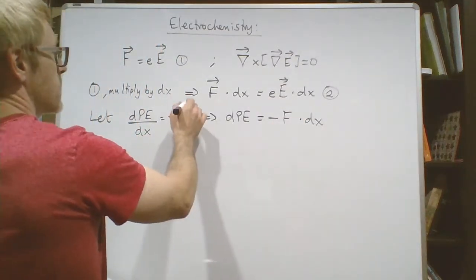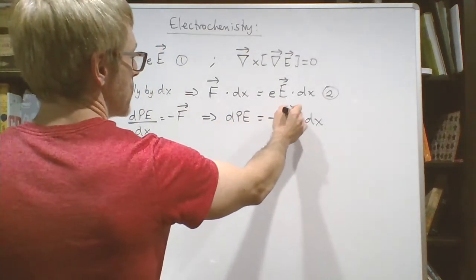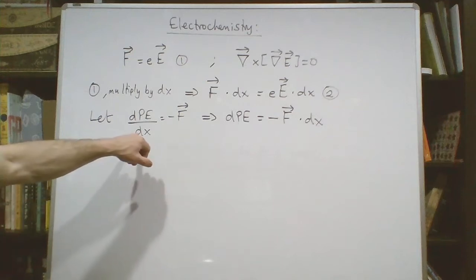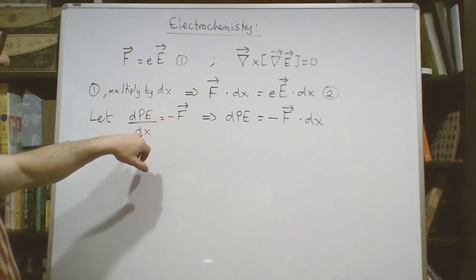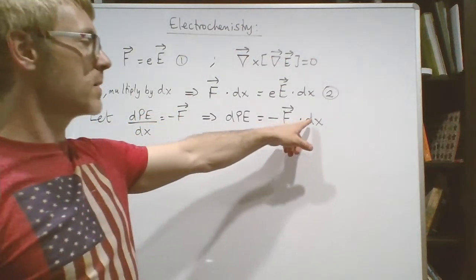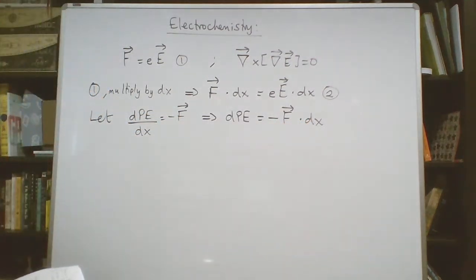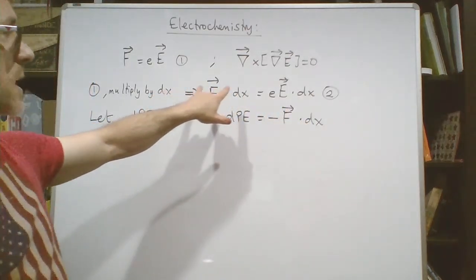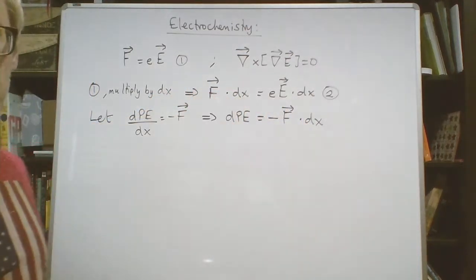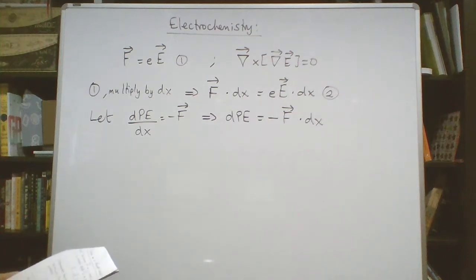Let's go ahead and give it a reason to be a dot by putting an arrow here. So I've just multiplied both sides of this definition by dx to bring the dx up here. And I've got this expression here. And I can see that this expression here is exactly the same as this expression in equation 2. So I'm going to go ahead and sub that in.